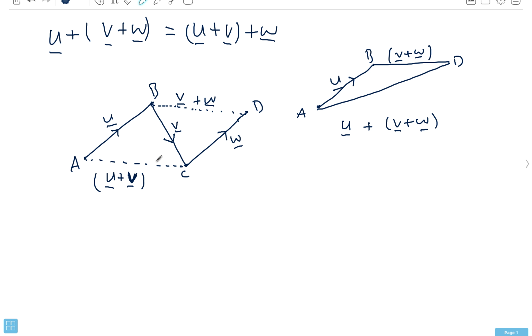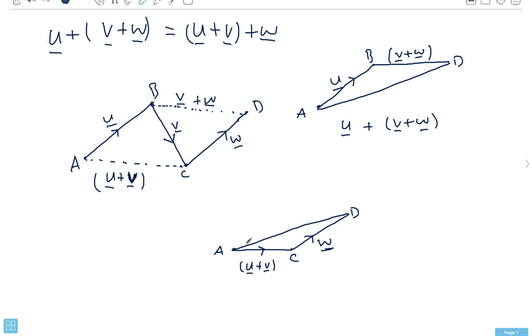And then if I take the triangle ACD, this equals w.